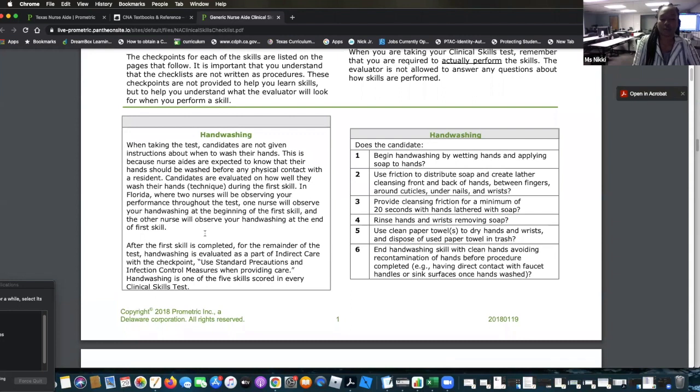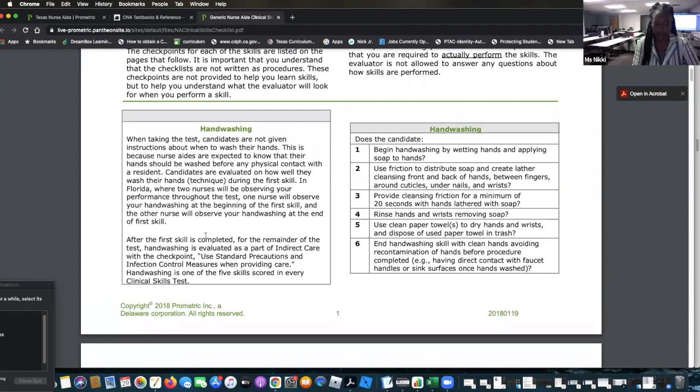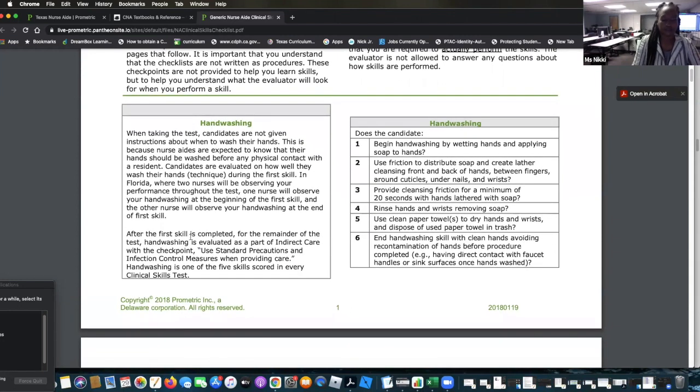We're in Texas, so you'll just have one evaluator. After the first skill is completed, for the remainder of the test, hand washing is evaluated as a part of indirect care with the checkpoint.